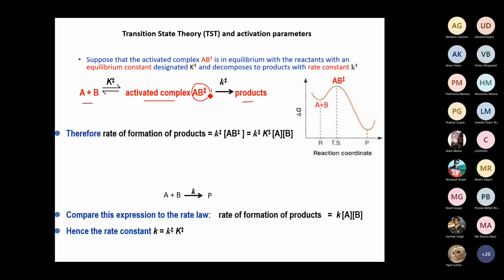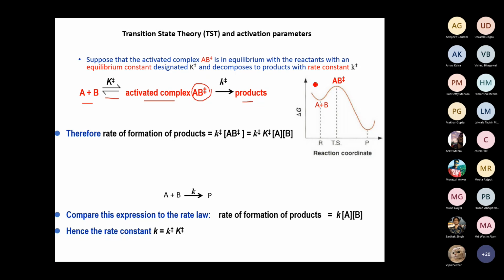So this assumes that A and B are in equilibrium with an activated complex, which is actually not strictly true. Sometimes it is true, sometimes it may not be, depending on the barrier between AB double dagger and A and B. But assuming this is an equilibrium, the activated complex then gives the product.